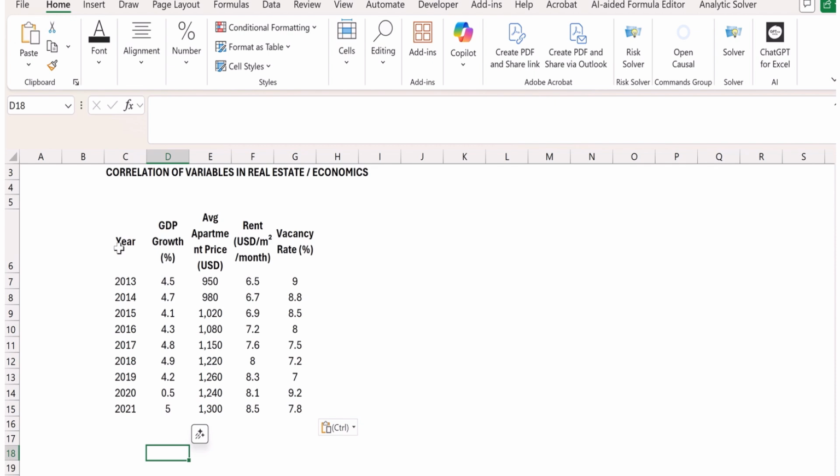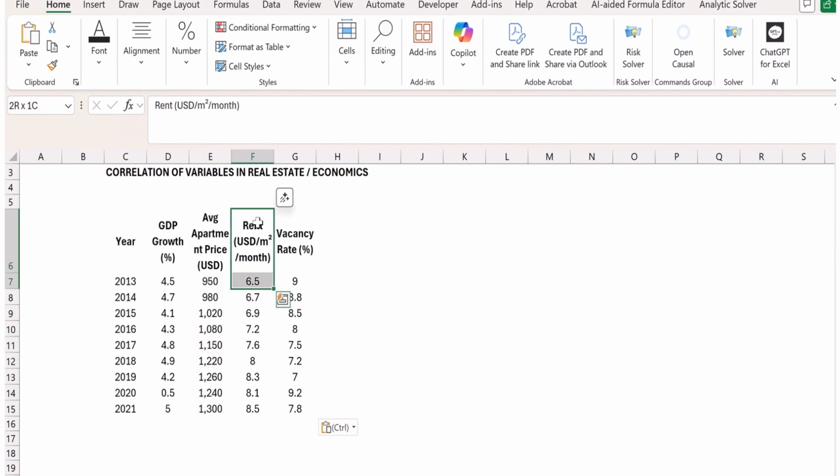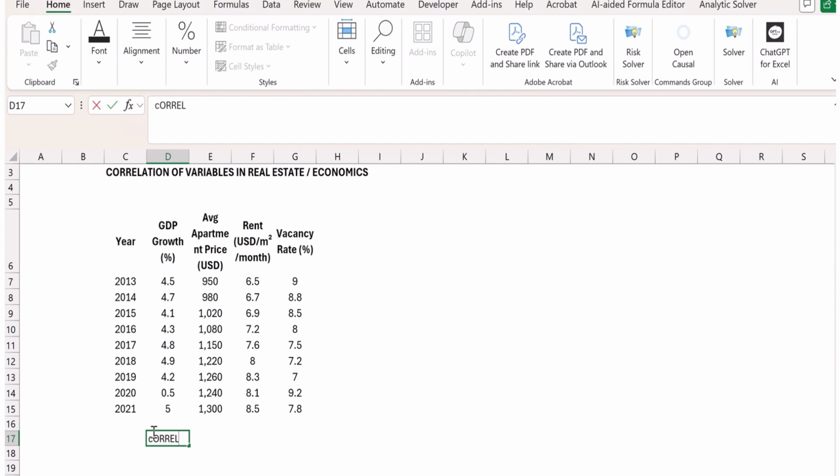Let's compare the average price of the apartments with the rent rate per square meter. So let's write here correlation between the average price of the apartments and the rent rate per square meter.